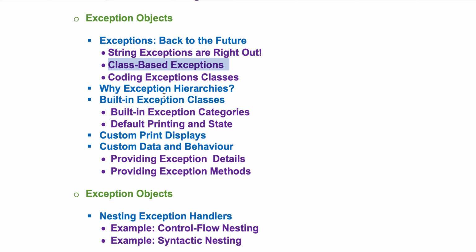That is, when a try statement's except clause lists a superclass, it catches instances of that superclass as well as instances of all its subclasses lower in the class tree.